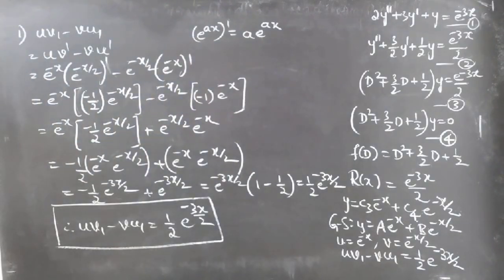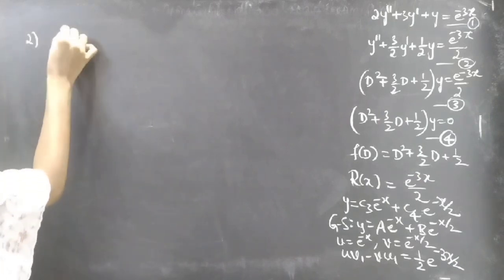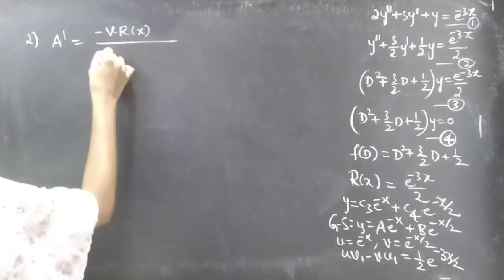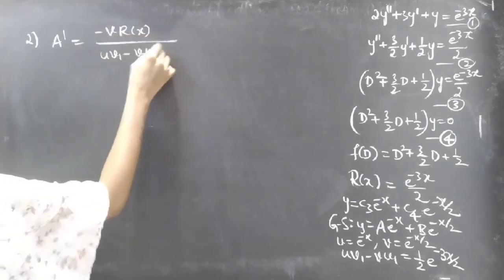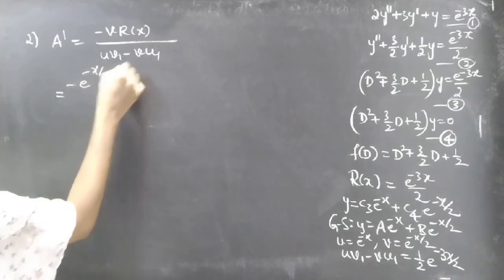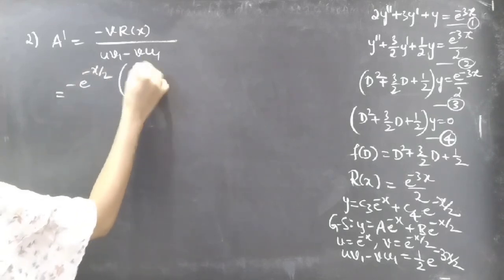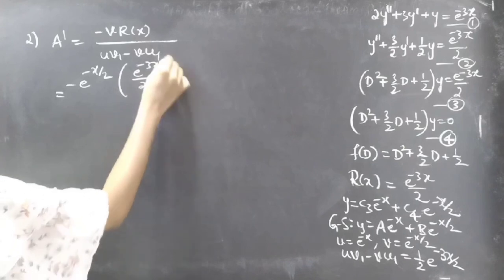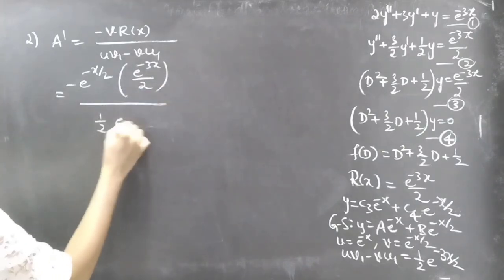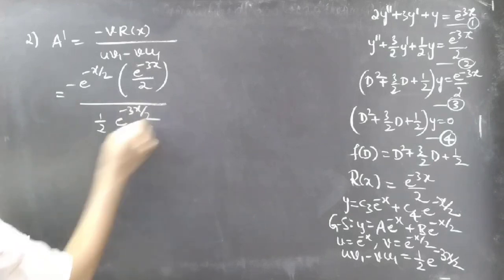Now coming to A dash. A dash is given by minus V into R of x by UV1 minus V1, right? Is equals to minus V, e power minus x by 2 into R of x, e power minus 3x by 2, by UV1 minus V1, which is 1 by 2 into e power minus 3x by 2.